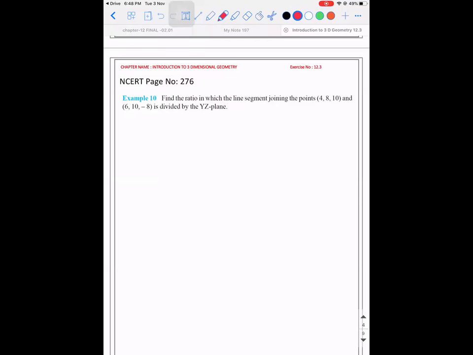So let the ratio be lambda is to 1. You are going to take the points like this: 4, 8, 10 and 6, 8, minus 10. If I take this point R, then this will be 0, y, z. I hope you understood why I wrote 0, y, z.